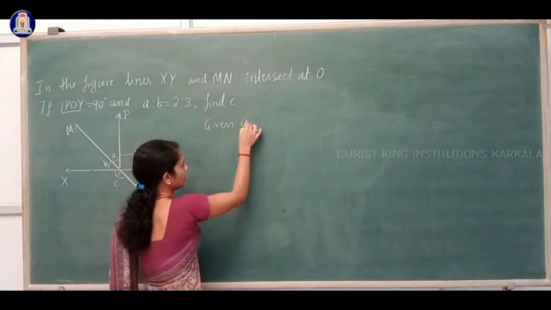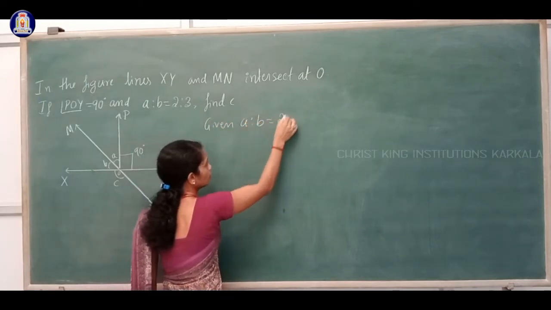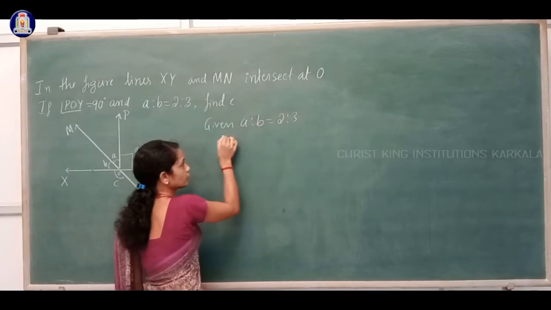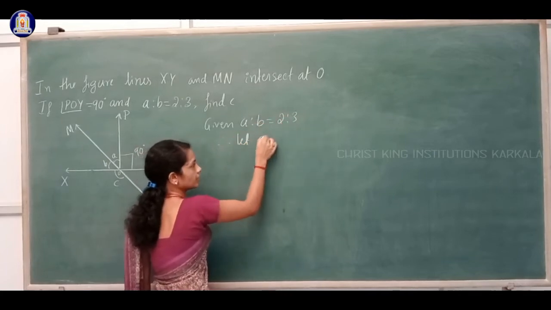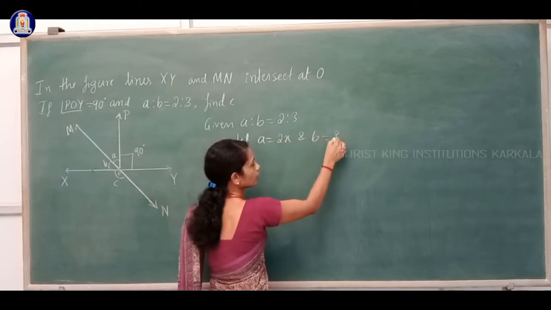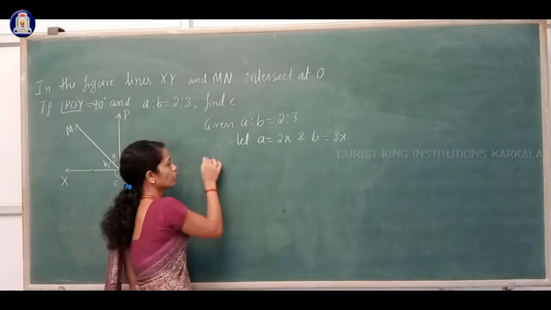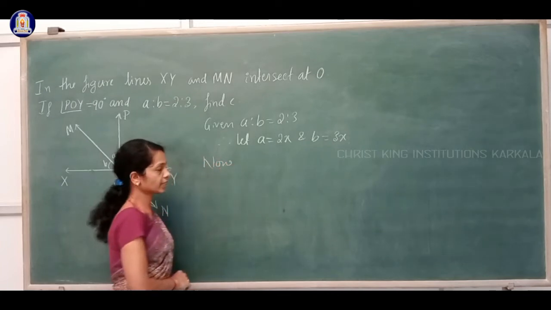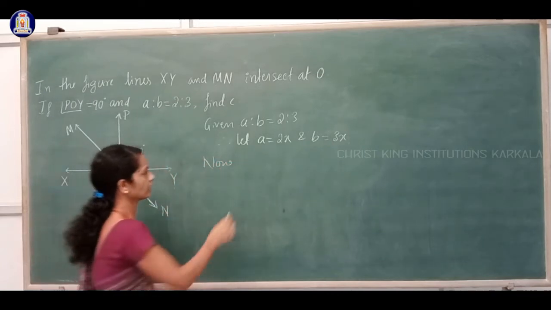So we start with that. We are given A is to B is equal to 2 is to 3. Therefore let A be equal to 2x and B be equal to 3x. Now we use the straight line concept. XY is a straight line.